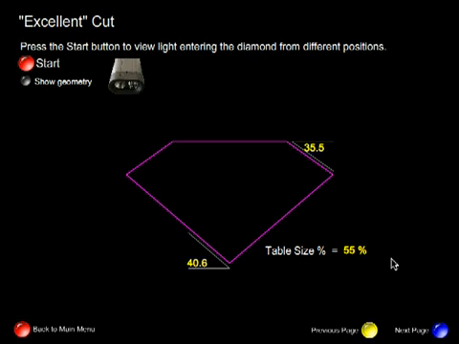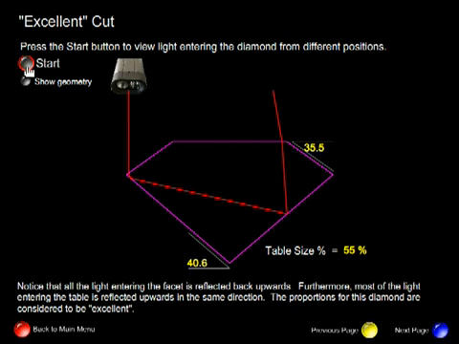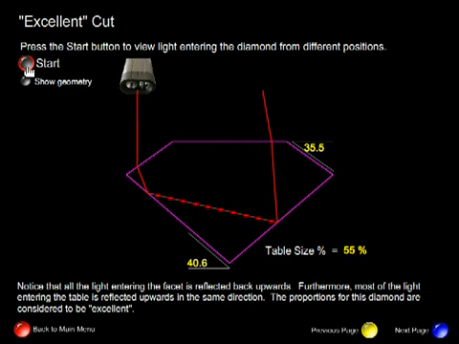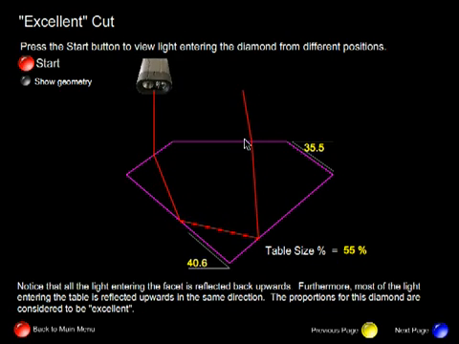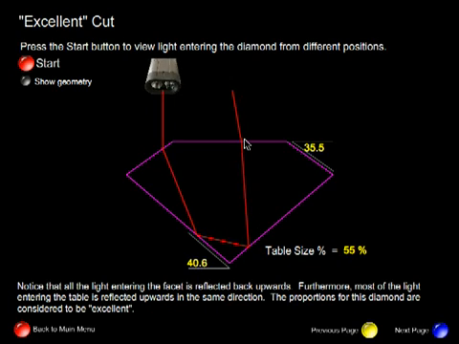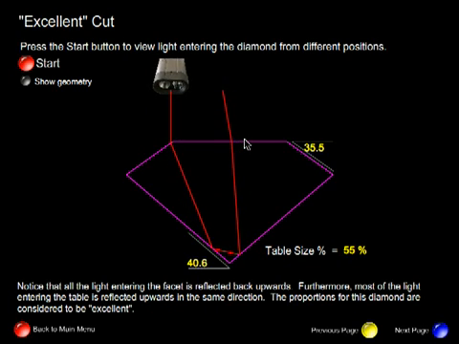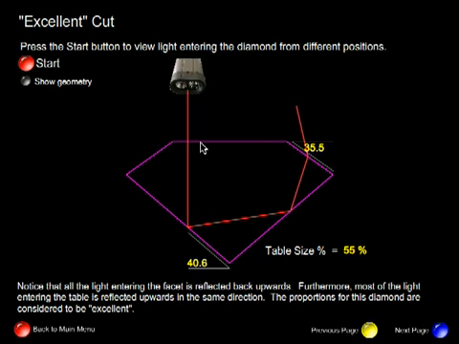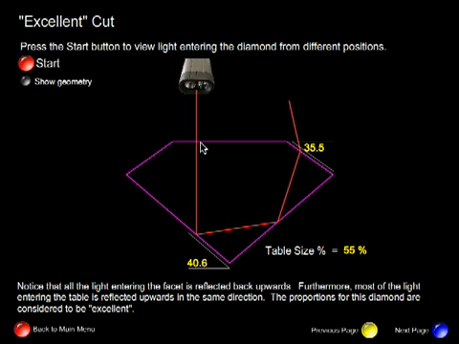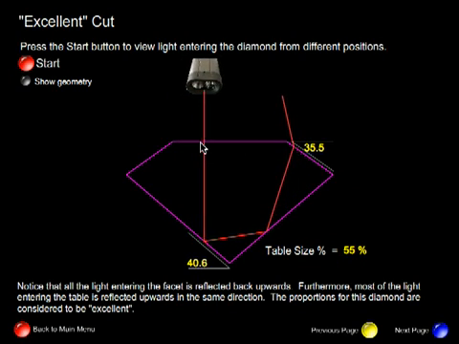Now for an excellent cut, let's view how light enters from many different positions. So notice that all the light that enters through the facet is reflected upwards. Notice also that most of the light reflecting through the table is also reflected upwards.